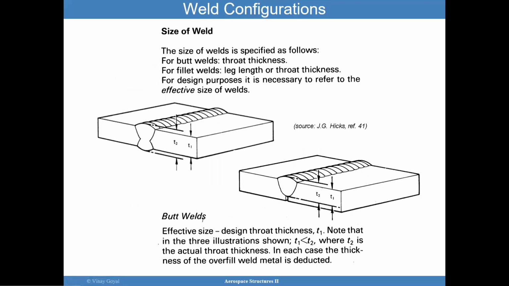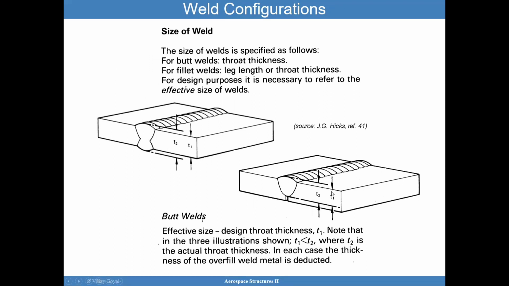So for example, we talked about throat area or distance. Here, I have this protrusion of this weld to the outside of this base plate. So what we really want to consider is the throat thickness T1 and not account for this excess material. For the butt weld in this scenario, we want to count T1 here, not T2, which goes from here to here.